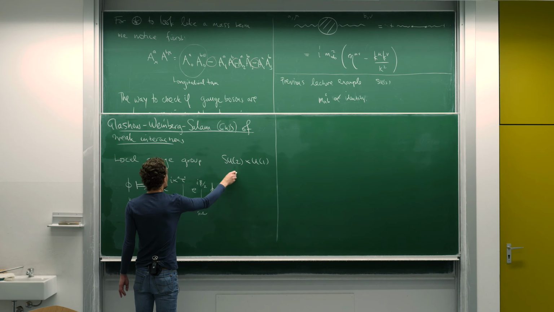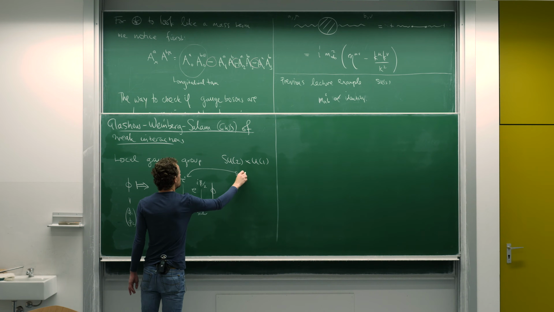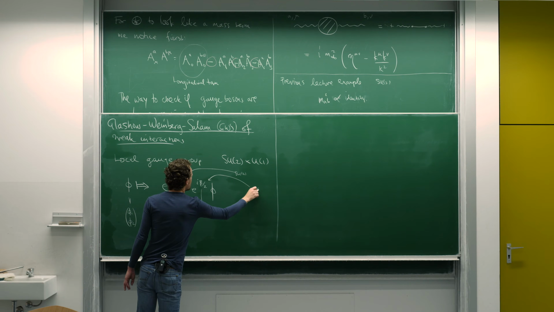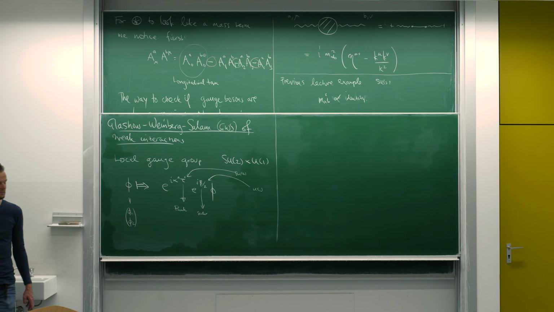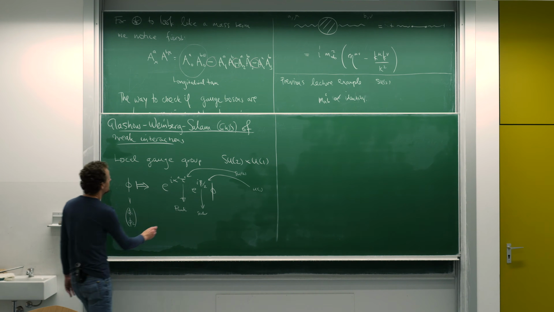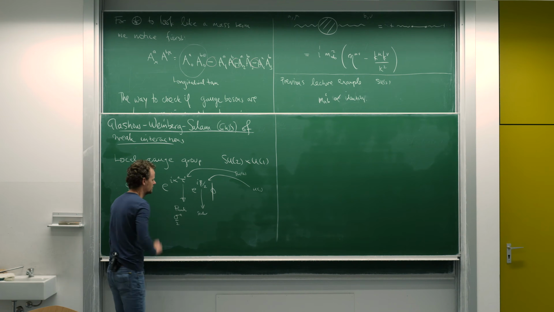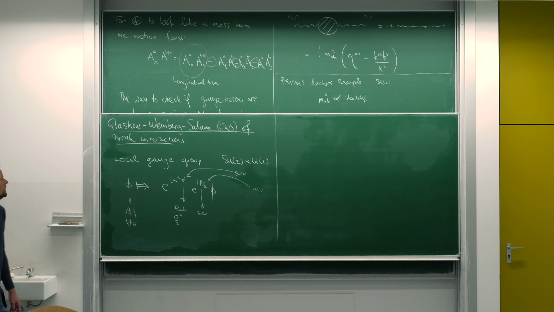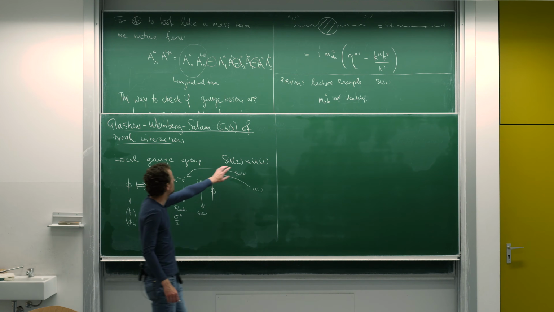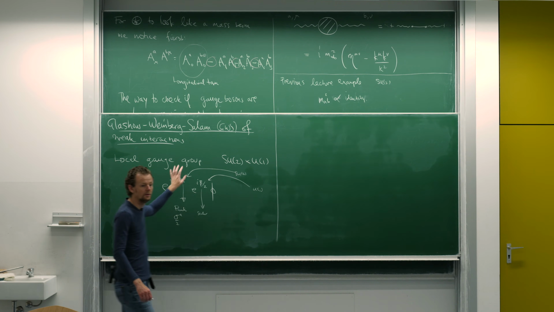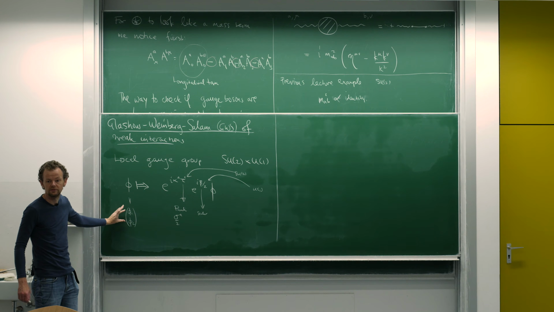So this is how the SU2 part acts, and this is how the U1 part acts. So tau A is sigma A over 2. So this is a representation of this group here, SU2 cross U1, on a pair of scalar boson fields, phi 1 and phi 2.